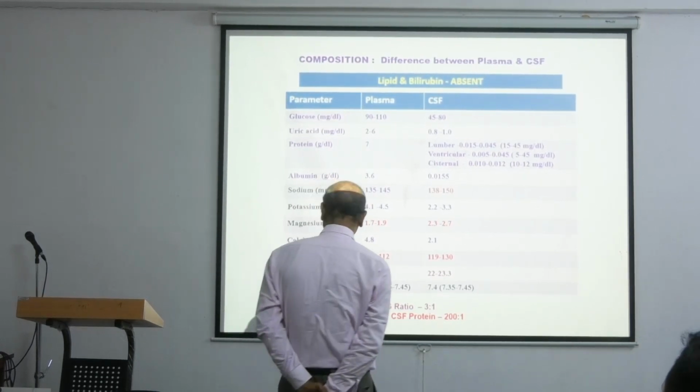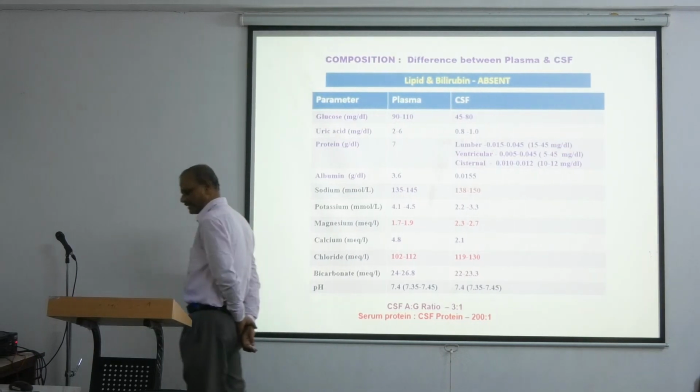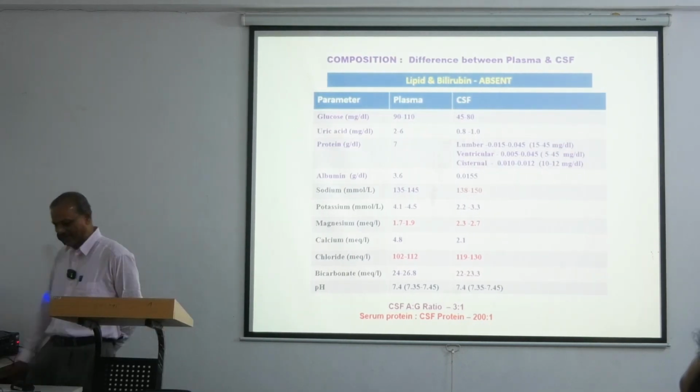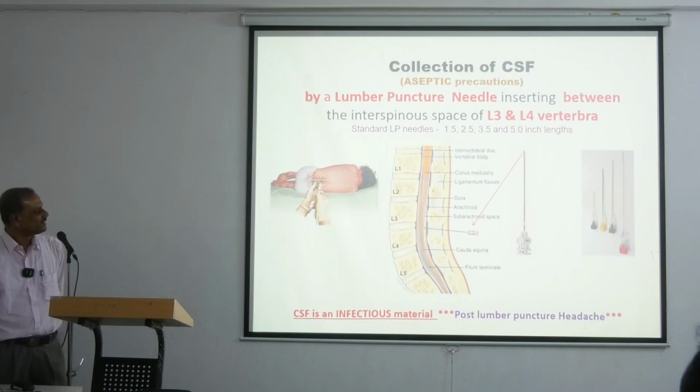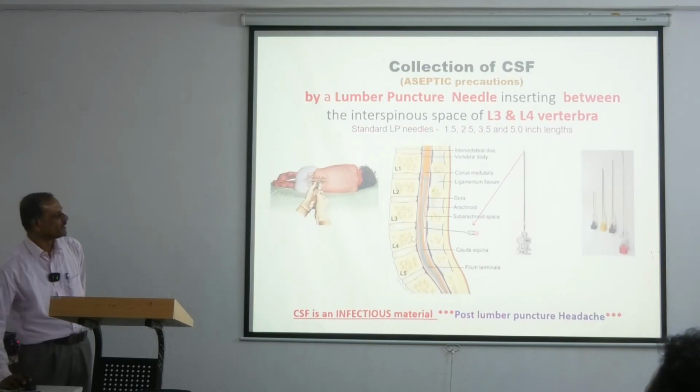Next slide. The CSF is collected from the spinal cord, and that he has told correctly, L3, L4 vertebra. Why? You see here the spinal cord ends between L1 and L2 lower margin.